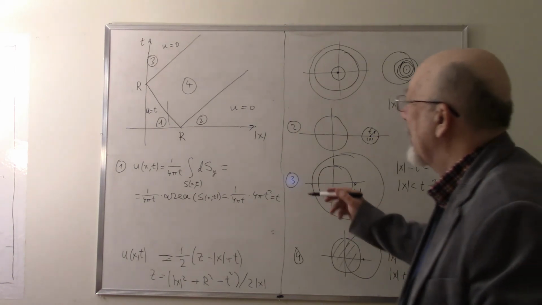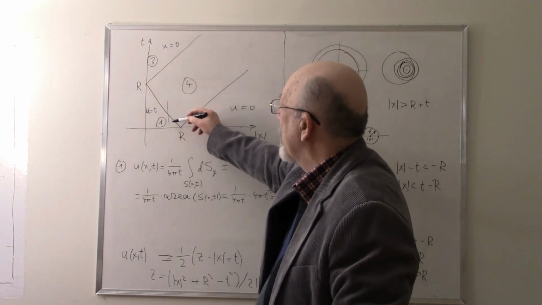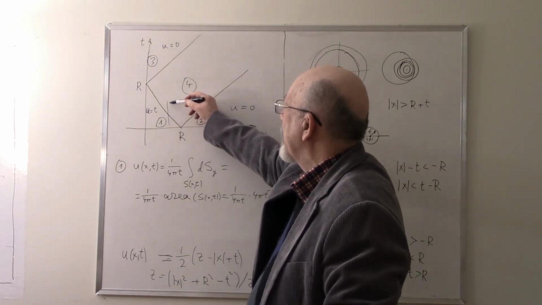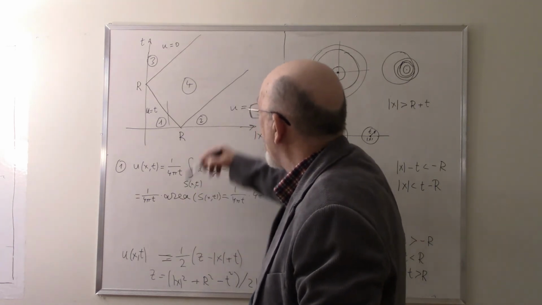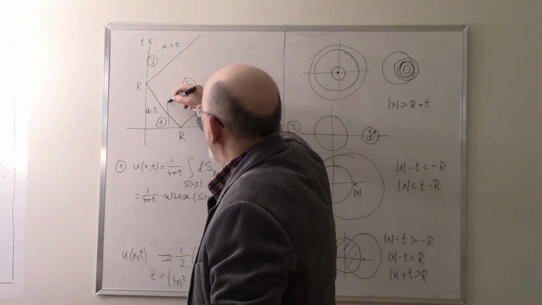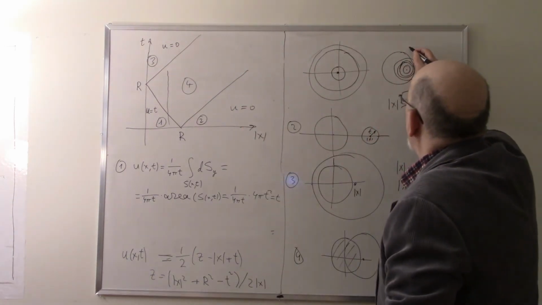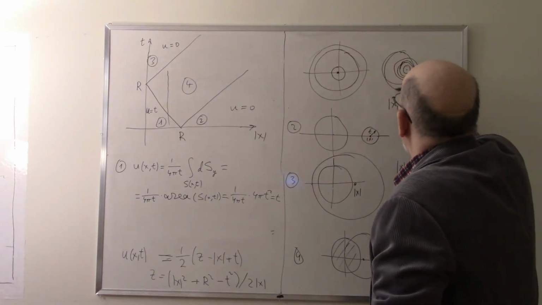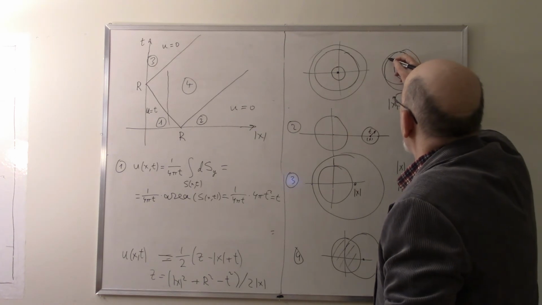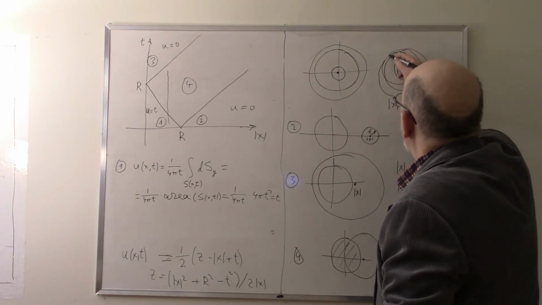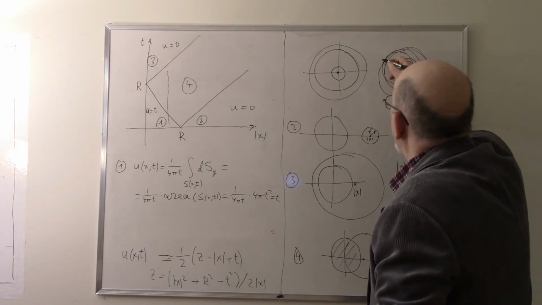So the solution was growing linearly, and then it becomes growing according to this formula. But the important thing is that when it grows further, the area inside the ball decreases, and then at some moment it becomes 0 and remains 0.